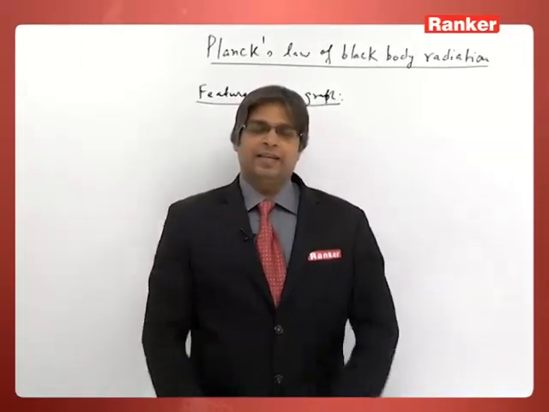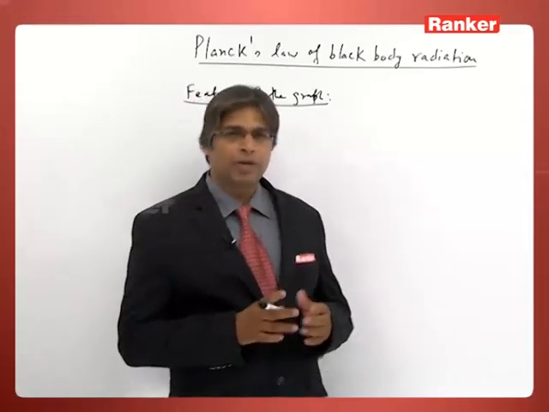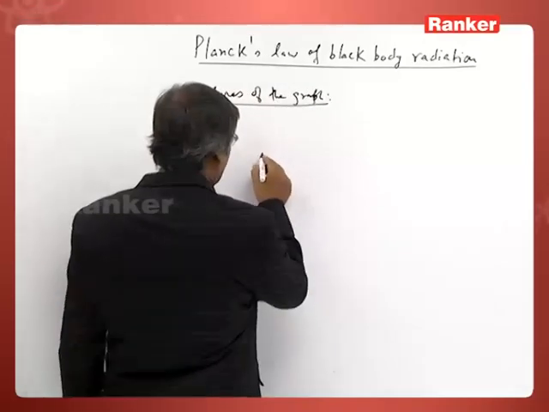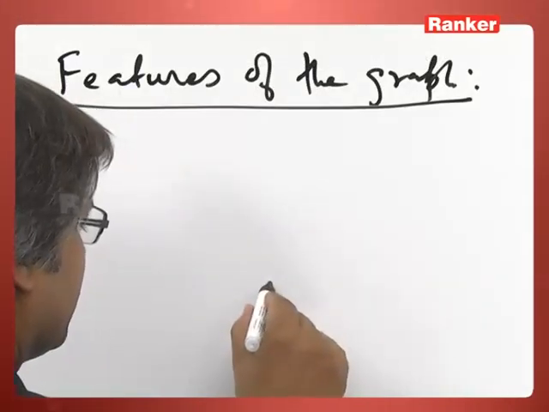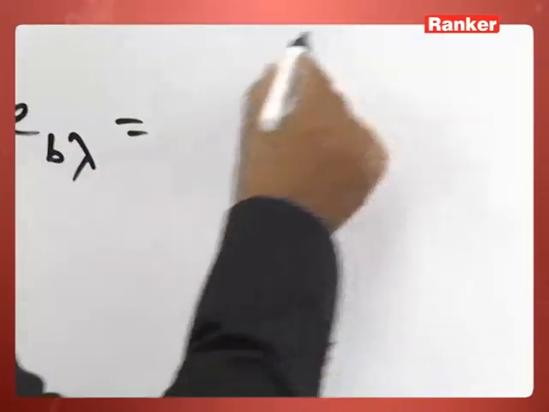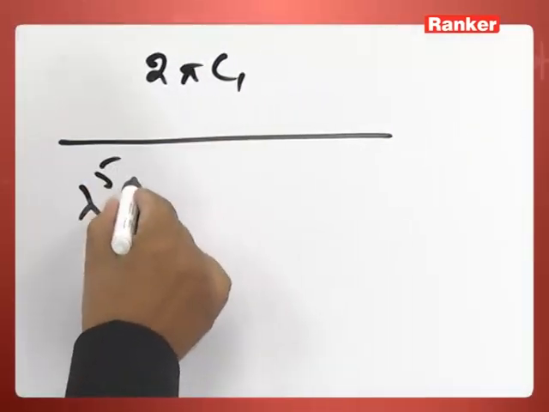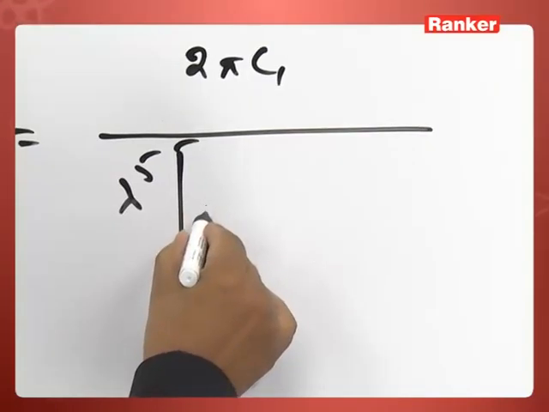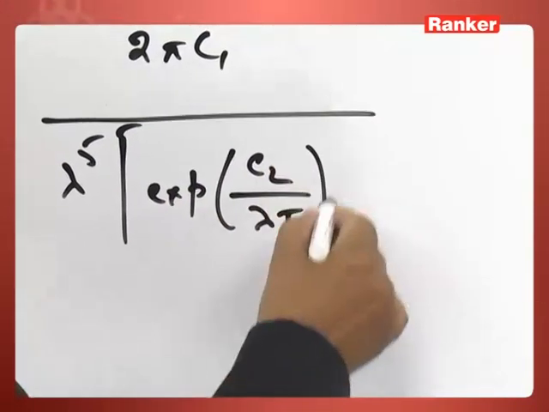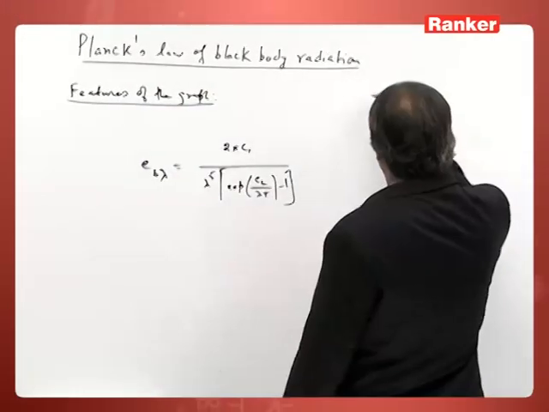Now let us see what are the features of the graphs plotted from Planck's radiation formula. Planck's radiation formula gives the emissive power of a black body at a particular temperature: 2 pi C1 by lambda to the power 5 into e to the power C2 by lambda T minus 1. So, this is the result. Now, suppose I plot this graph.